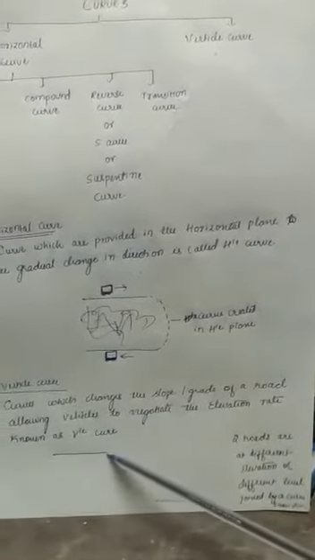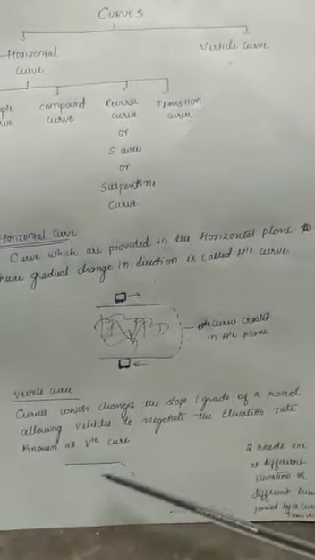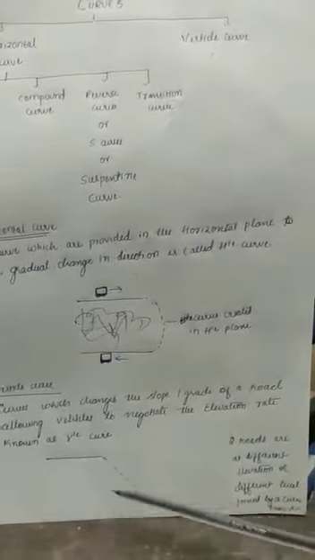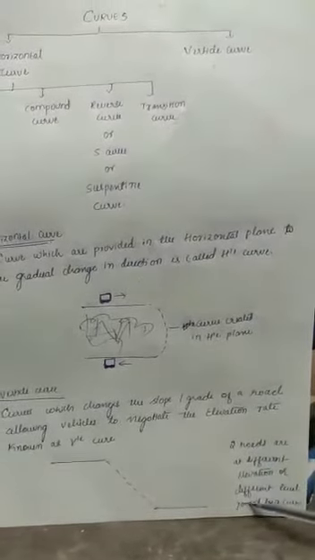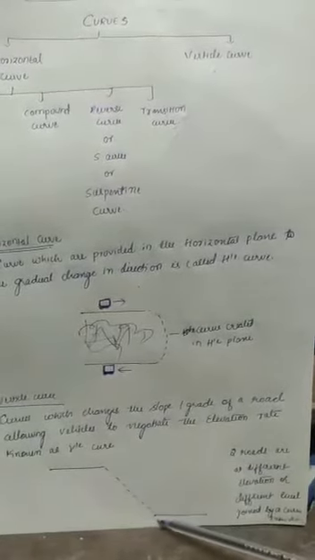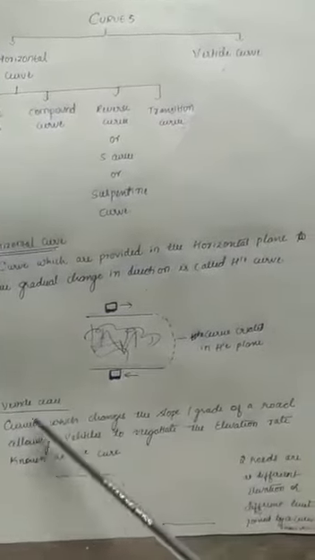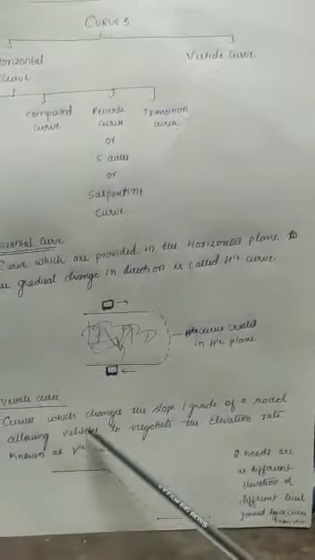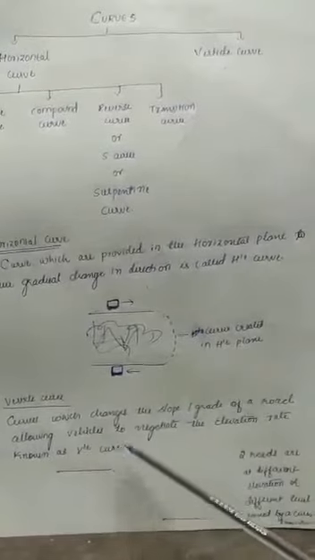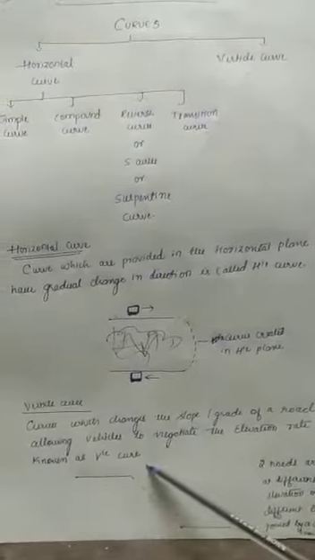For example, this is a higher pathway and this is a pathway which exists at the lowest elevation. These are pathways that exist at 2 different elevations or levels. These 2 pathways are connected by a kind of curve which is known as a vertical curve. That is what they have mentioned: curves which change the slope or gradient of a road, allowing vehicles to negotiate the elevation rate, are known as vertical curves.